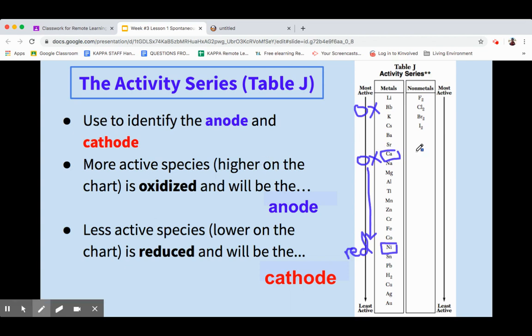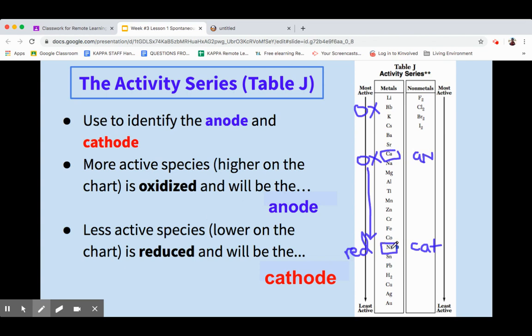So now that we know that, we can identify what is our anode and what is our cathode. So in this specific example, calcium would be our anode and nickel would be the cathode. And I'm just abbreviating these. Okay, so right now, why don't you look at your chart in your reference table and pick 2 elements that would be oxidized and reduced together, and then which would be the anode and the cathode.